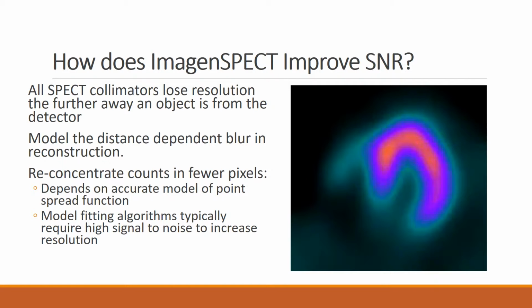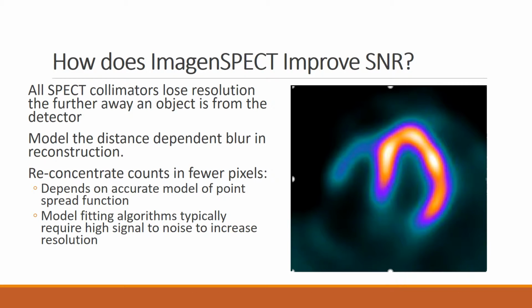This de-blurring of the image has the effect of concentrating the reconstructed counts into a smaller area, thereby increasing the signal from that pixel. One of the limitations of these methods is that they can also amplify the noise in the reconstructed image. In order to achieve the enhancement of the reconstructed signal, an accurate model for the blur and a model for controlling the noise is needed during the reconstruction.